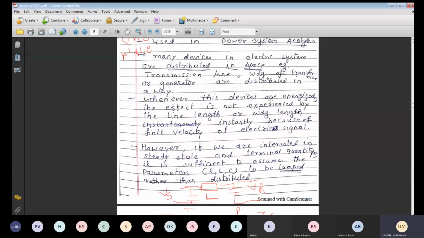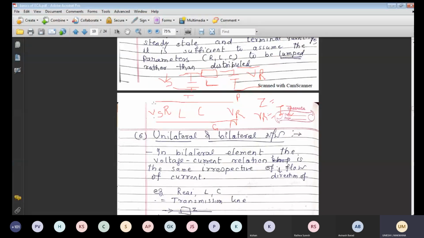Whenever the devices are energized, the effect is not experienced instantly along the line length or winding length, because of the finite velocity of the electrical signal. When the signal moves from one place to another, it first offers resistance for this small portion, then inductance and capacitance.